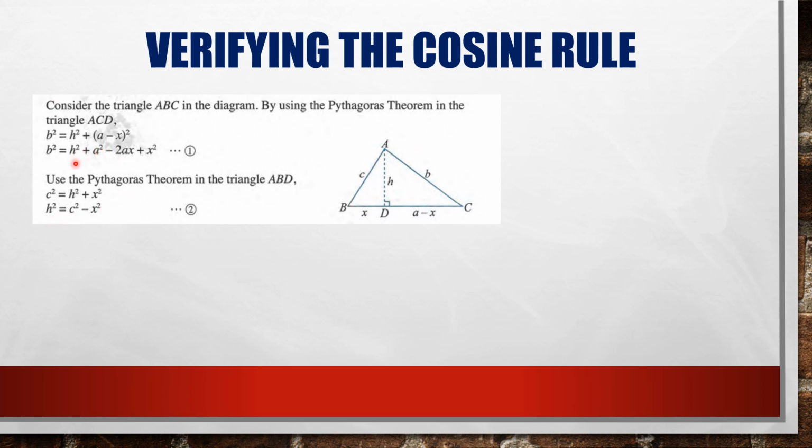Because in the first equation we have h square, and we want to eliminate it. We don't want h in our cosine rule. For that reason, we find h square, that is h square equals c square minus x square. That means this x square we bring to the other side, so it becomes minus x square.